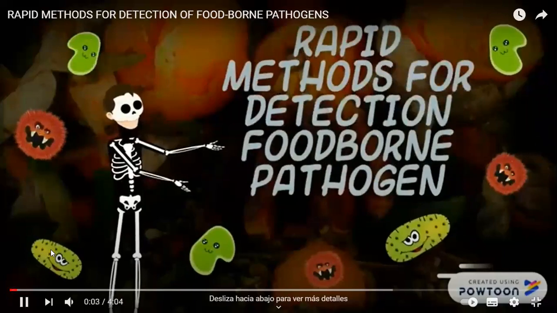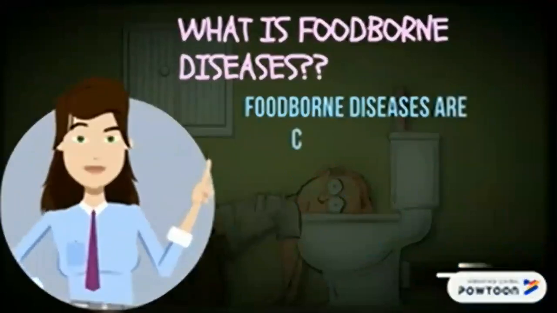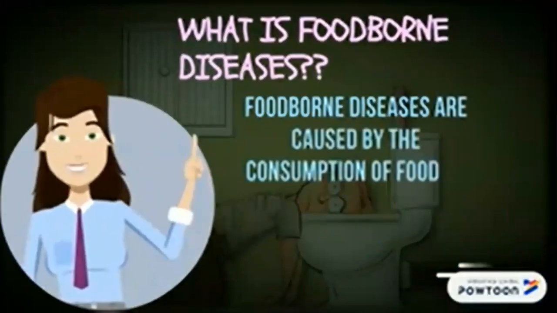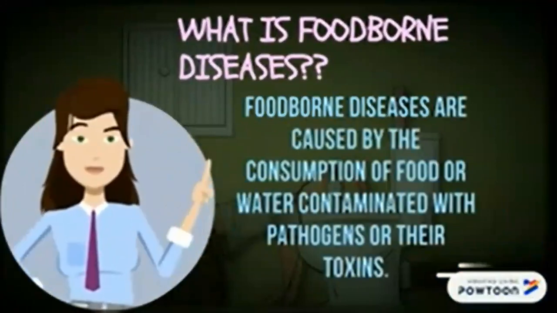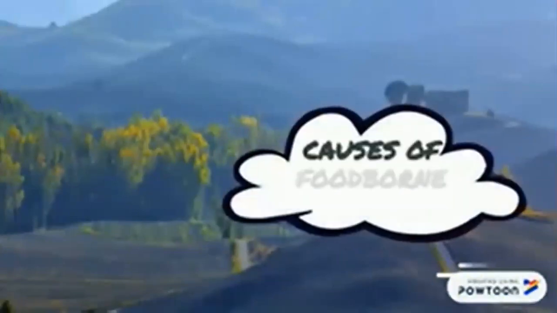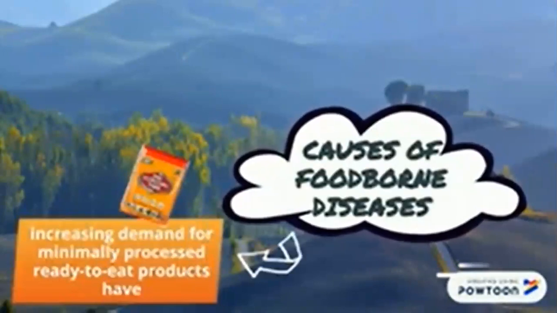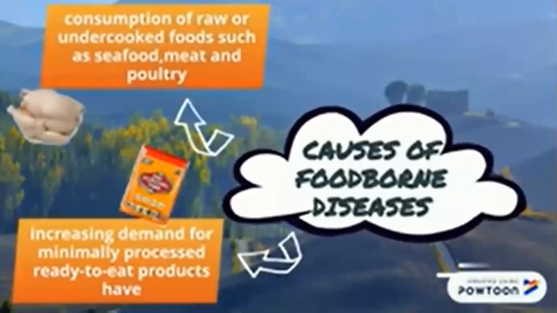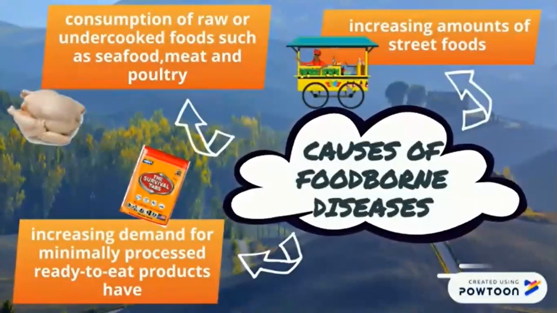Rapid methods for detection of foodborne pathogens. Foodborne diseases are caused by the consumption of food or water contaminated with pathogens or toxins. Causes of foodborne diseases: increasing demand for minimally processed ready-to-eat products, consumption of raw or undercooked foods such as seafood, meat, and poultry, and increasing amount of street foods.